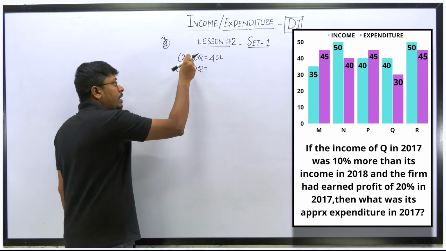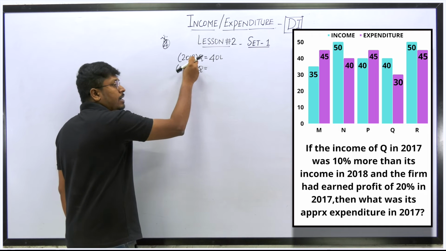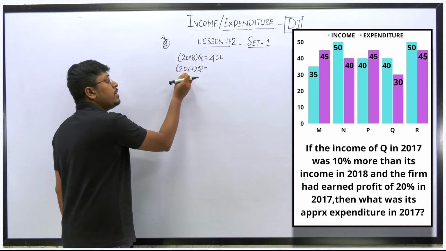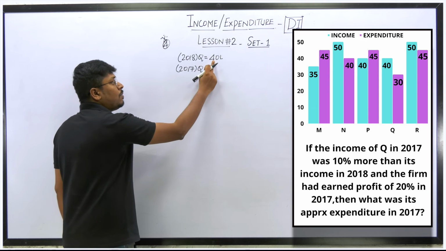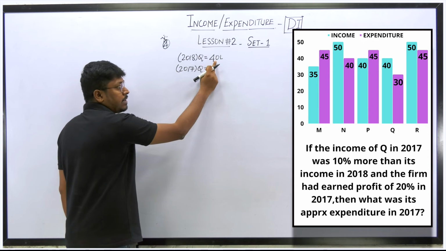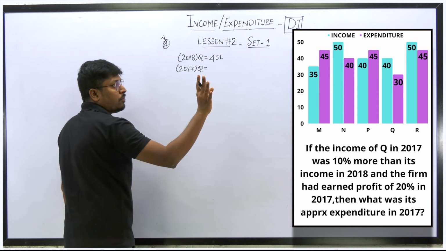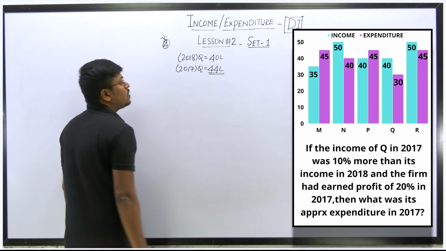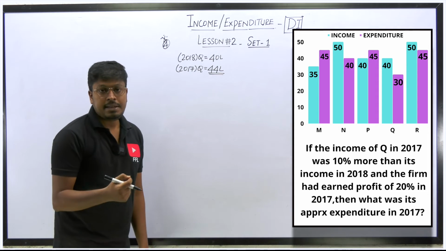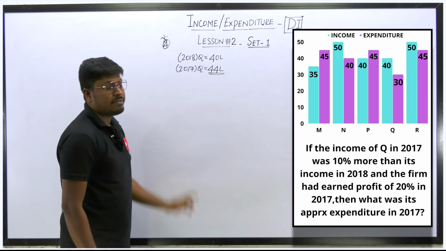Understood or not? So you can find 10% of 40 lakh, which is 4 lakh. So we can say that 44 lakh will be the total income of company Q in the year 2017.